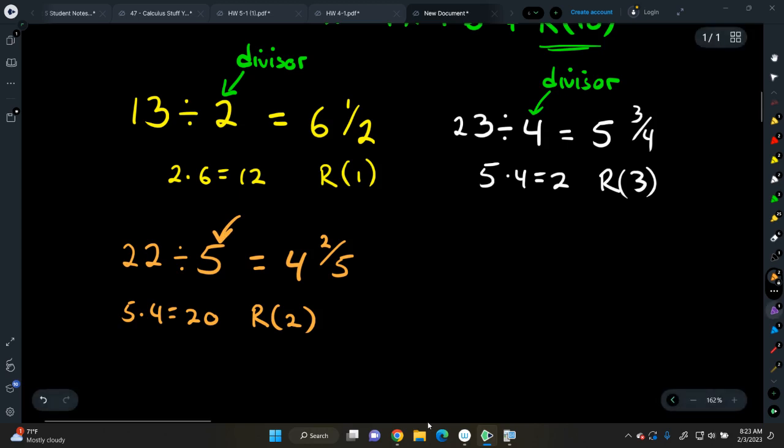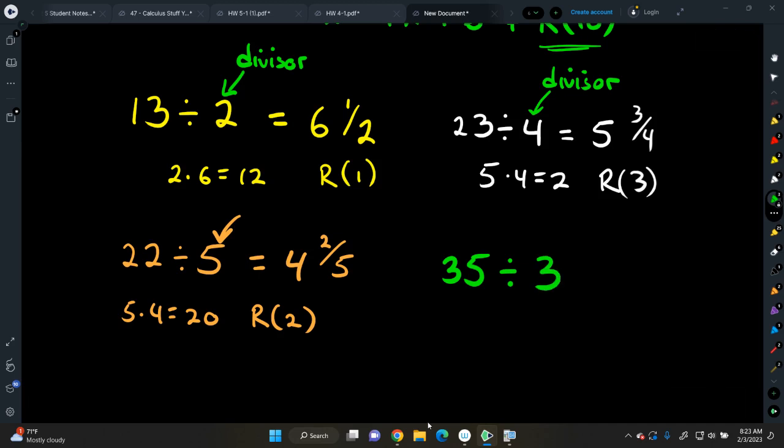Let's do another one. Let's do 35 divided by 3. How many times is 3 going into 35? Okay, 3 times 11 is 33.